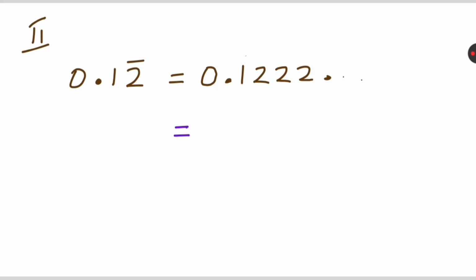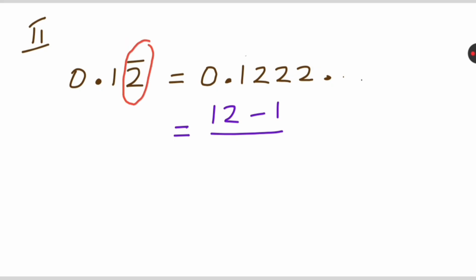First, after the decimal point, take the whole number, which is 12, and subtract. Take the number which does not have a bar. Here the number 1 does not have a bar, so you take that and subtract it. Divide by: how many digits have a bar?